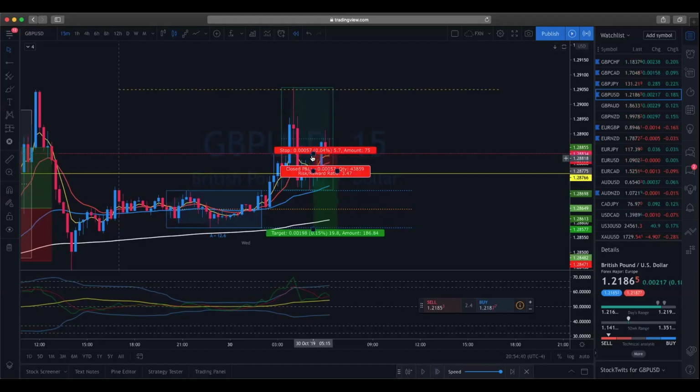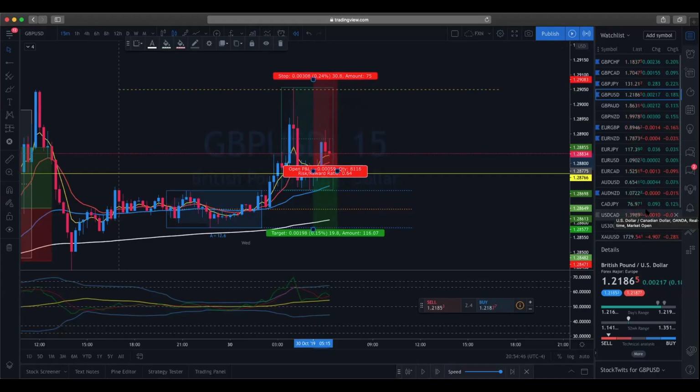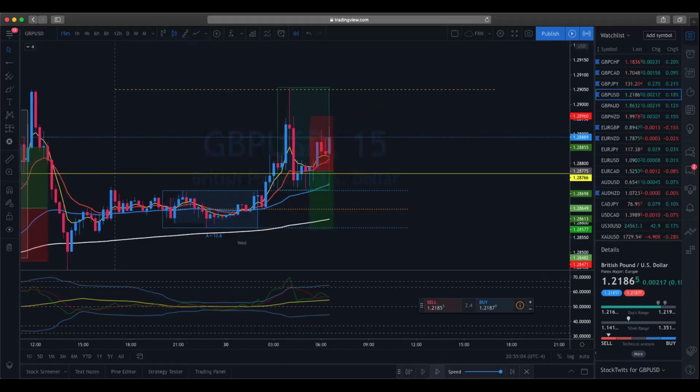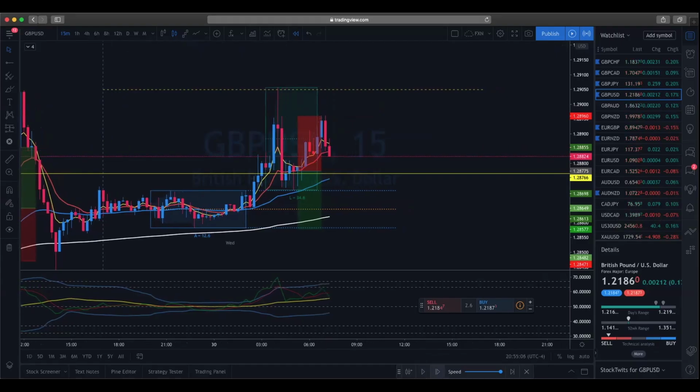Even if you go up higher, all the way up here, that wouldn't make any sense. How high are you going to go? Because at some point, it just doesn't make sense to take the trade. So why don't you just wait to see if you get a second leg or not?